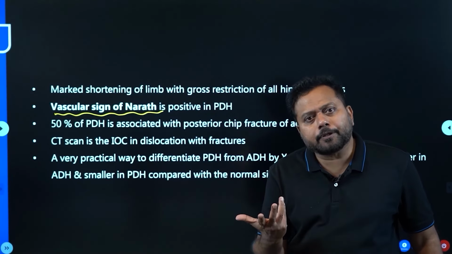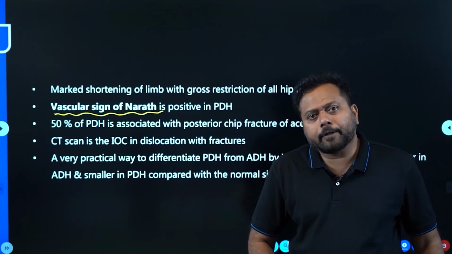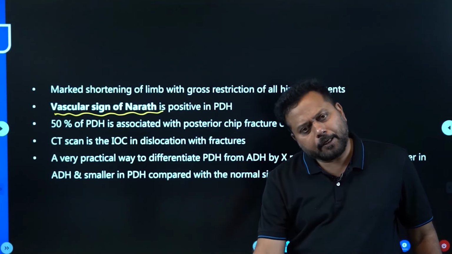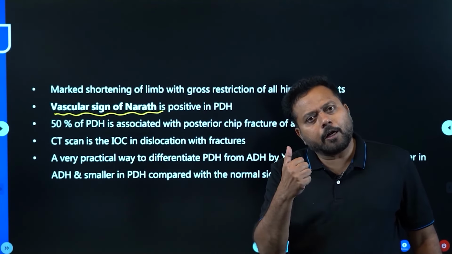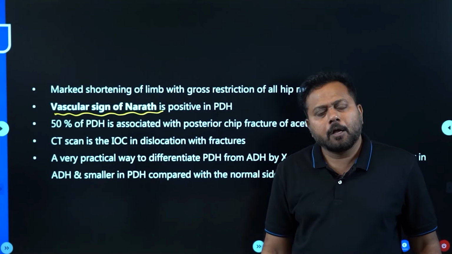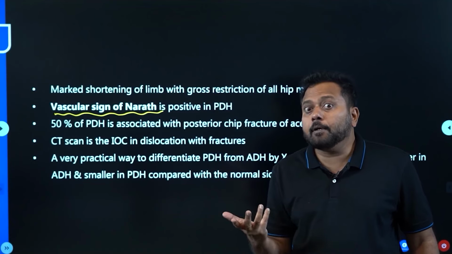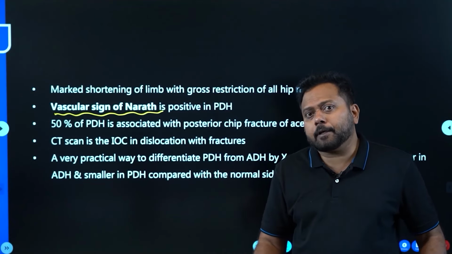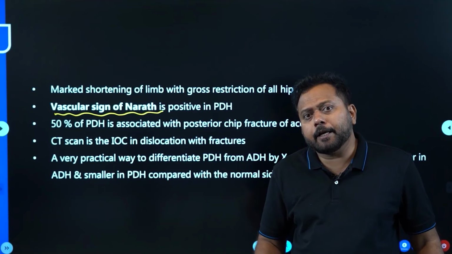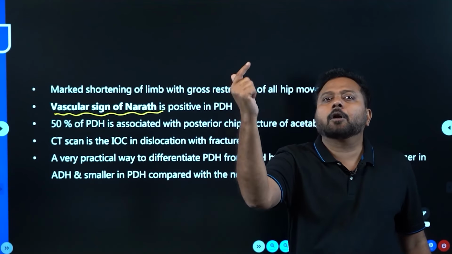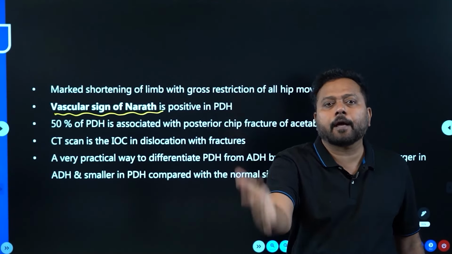Suppose the bony support is not there. When you press over the vessel, it is pushed down, so you can't palpate the pulse that easily. The pulse can be feeble or absent. It's not normal. So on palpation, one side is okay, the other side it's feeble or absent. It is called positive vascular sign of Narath.